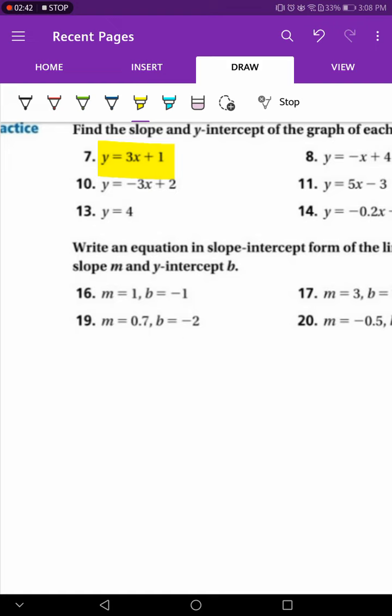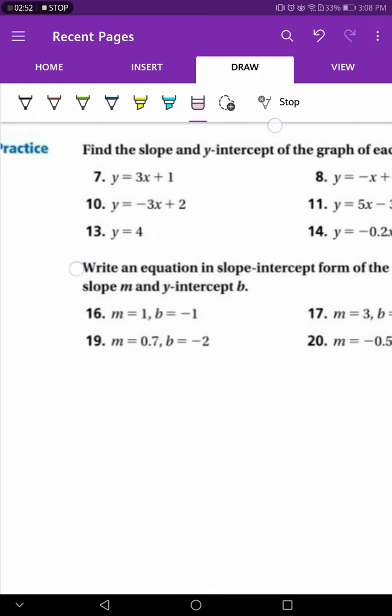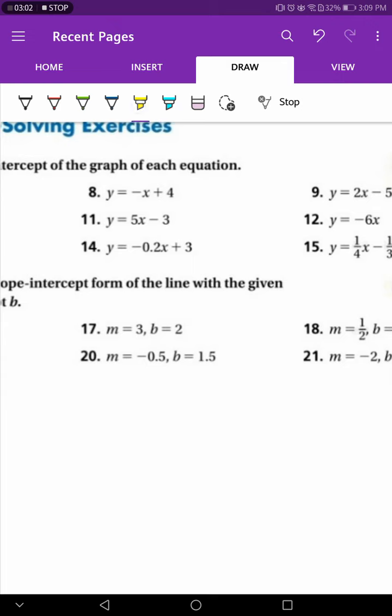He asked me to find the slope and the y-intercept. The slope is the number that sticks with the x, which is 3, and the y-intercept is plus 1. Bravo. Number 8: the slope is negative 1 and the y-intercept is plus 4.